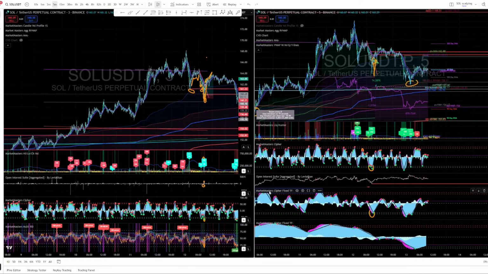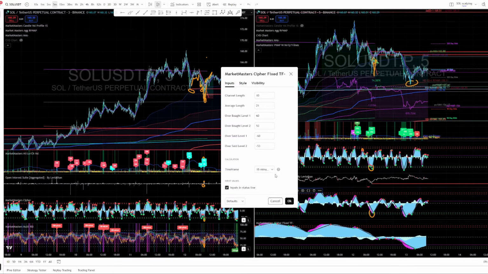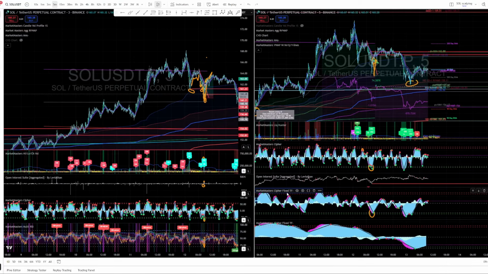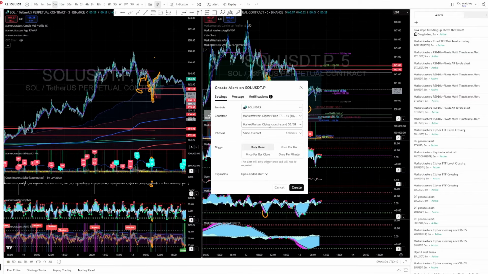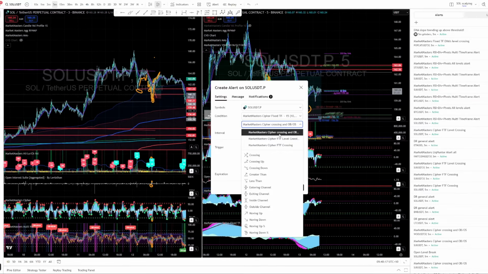So if you select the indicator, just to prove this, 15 minutes, right? So it's set on the 15 minutes. It's a fixed time frame cipher. Go over here to the alert, add your alert in. Because you selected it already, it's already set here, so you don't need to adjust any of this. For this one though, the default is crossings and overbought, oversold.